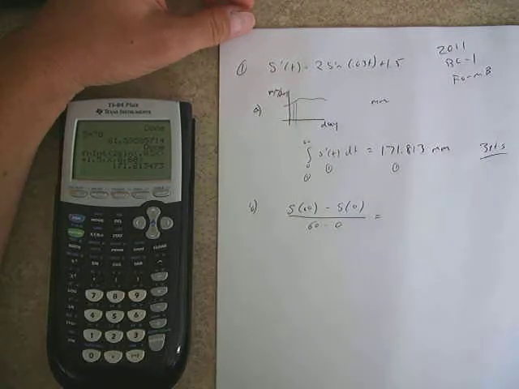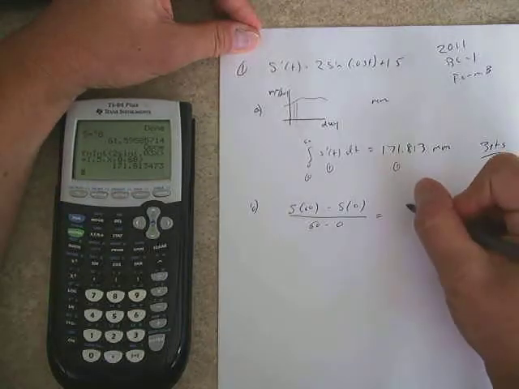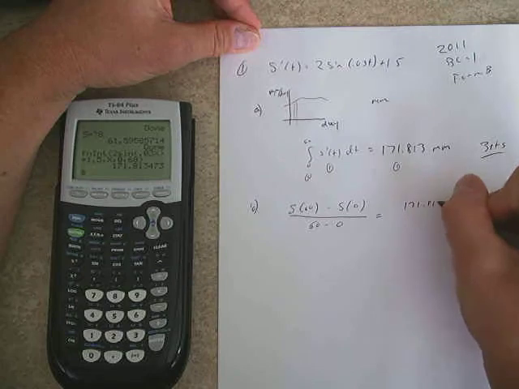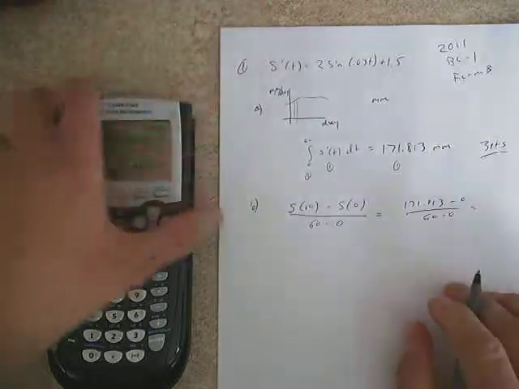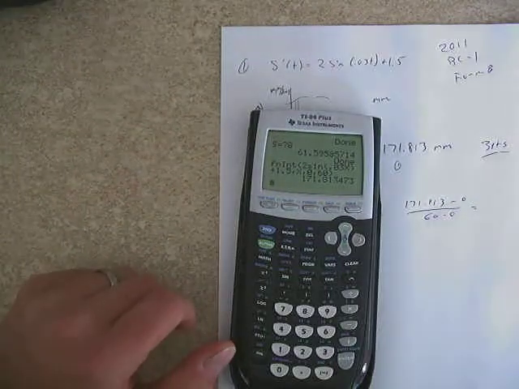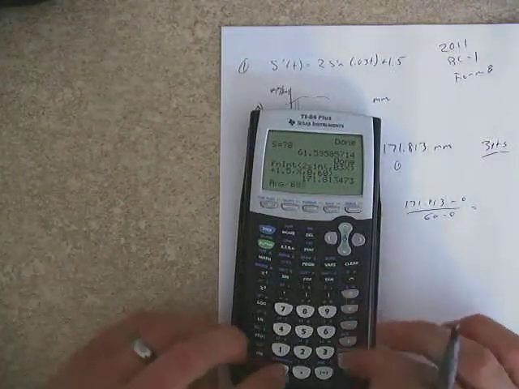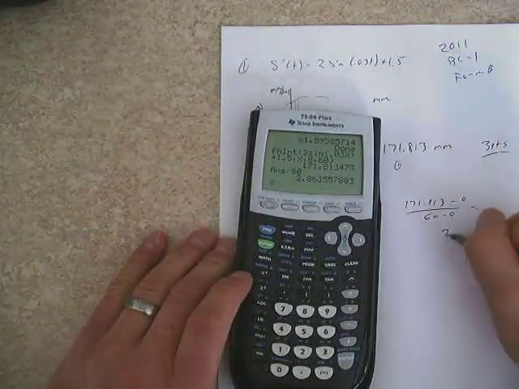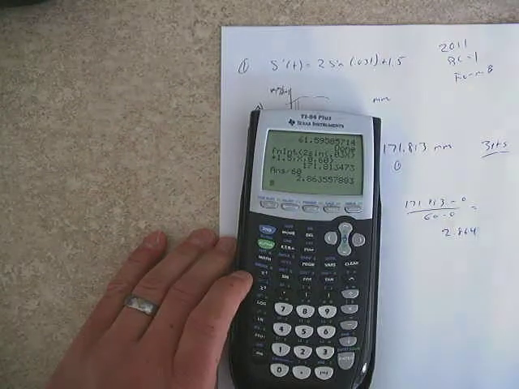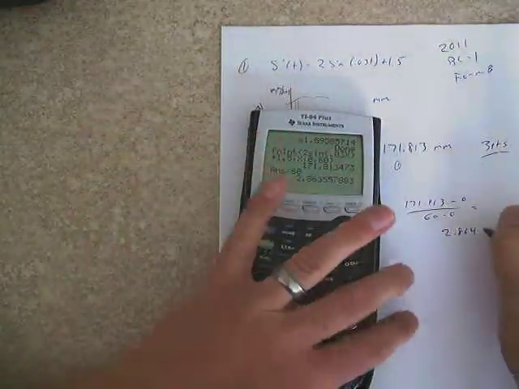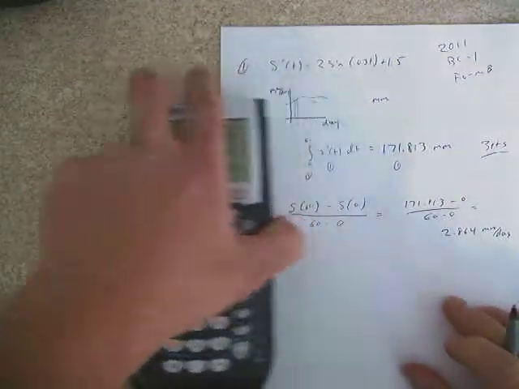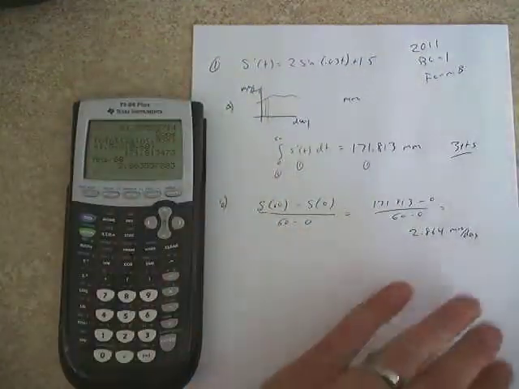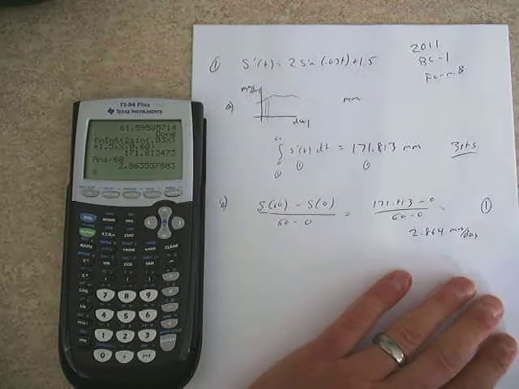We don't have an S function, do we? No, isn't that the 171 that we just calculated? Remember, that is the height of the water at 60 days. So 171.813 minus 0, over 60 minus 0. Keep that number in our calculator and just divide it by 60, and we get our average rate of change: 2.864. And again, that would be millimeters per day.